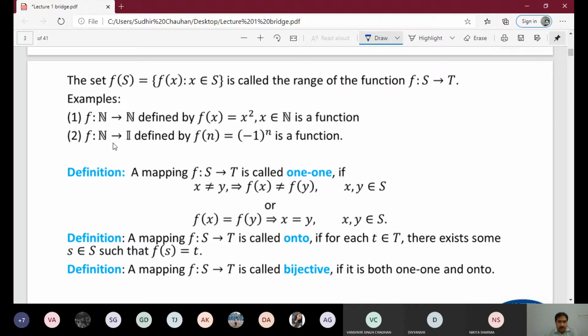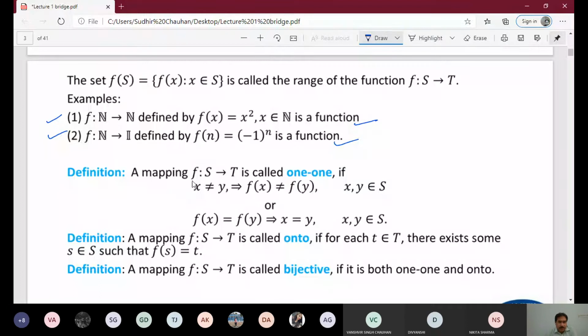And second, f from N to I defined by f(n) = (-1) raised to the power n, where I is the set of integers, it is also a function. So we can say it is a function or mapping if it is defined as given here. Here we have two examples of function or mapping.